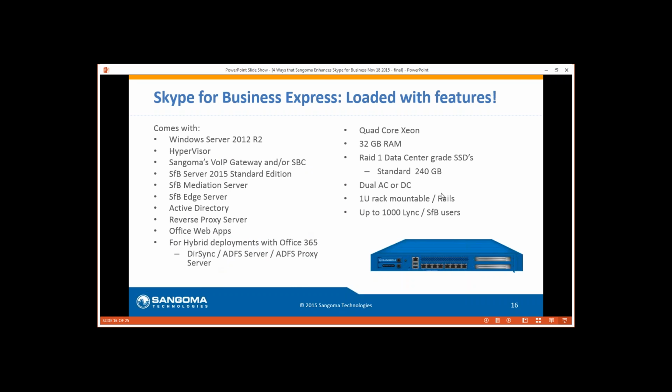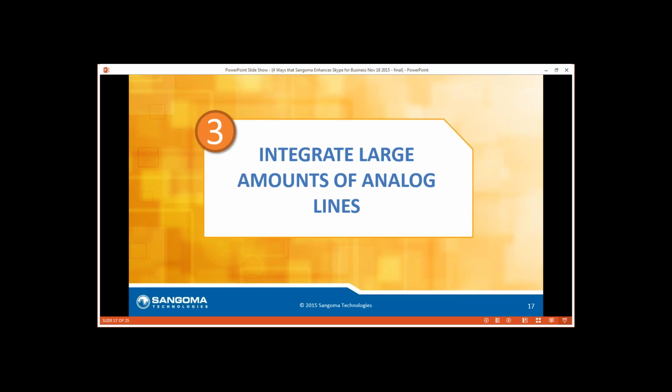Here's a glimpse of the specs, with high-performing SSDs available in dual AC or DC power, and it's been benchmarked to run up to 1,000 Lync users. So 1,000 Lync users running in a box that provides all the connectivity you need in a 1U convenient platform. That was number 2, simplifying Office 365.